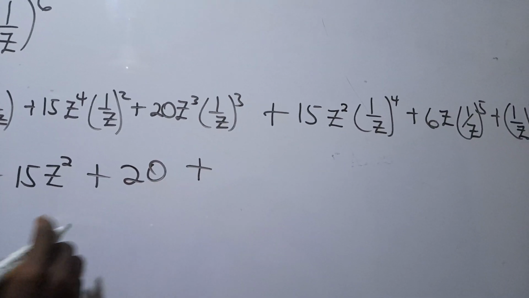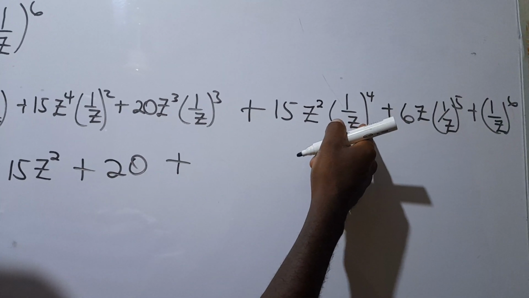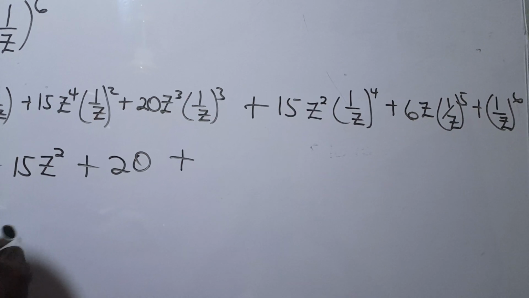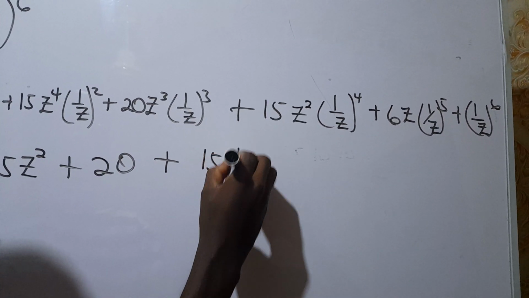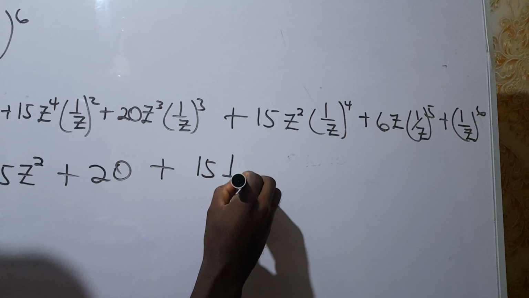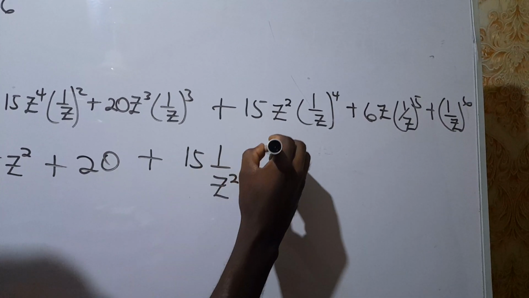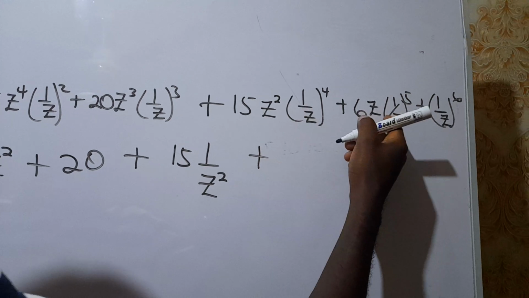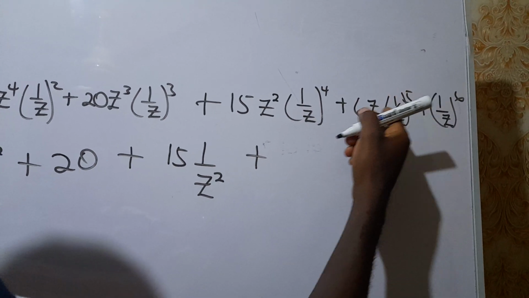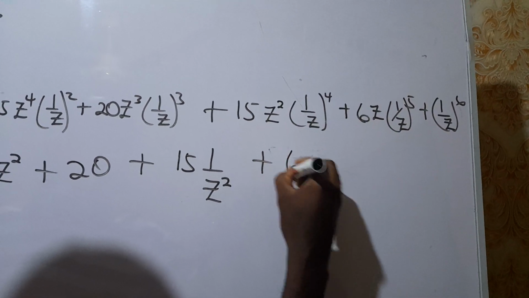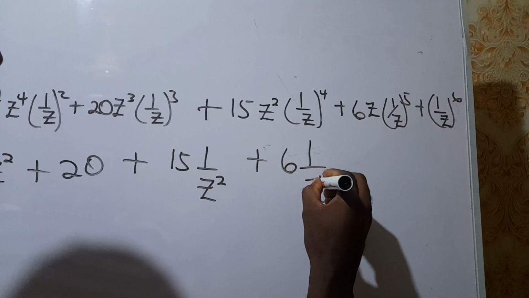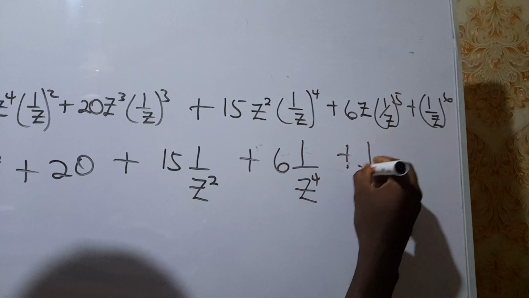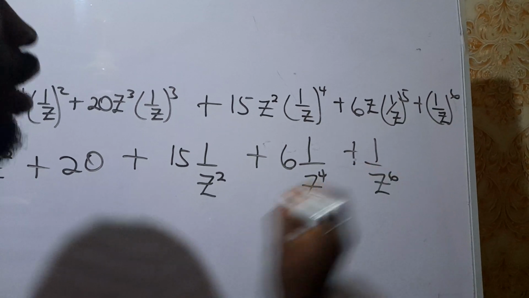Then plus, now we have z exponent 4 here, and we have z square here. It will reduce this one by 2, so we have 15 over z square. Then plus, we have z exponent 5 here. This z will reduce 1, so we have 6 over z exponent 4. Then we have 1 over z exponent 6.